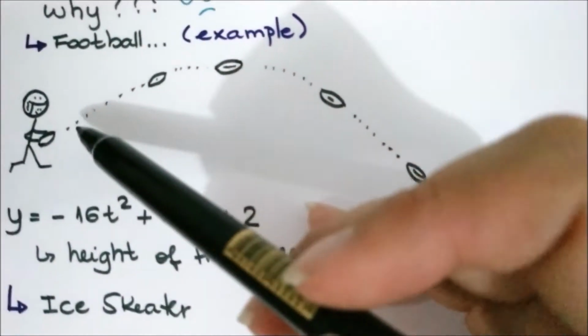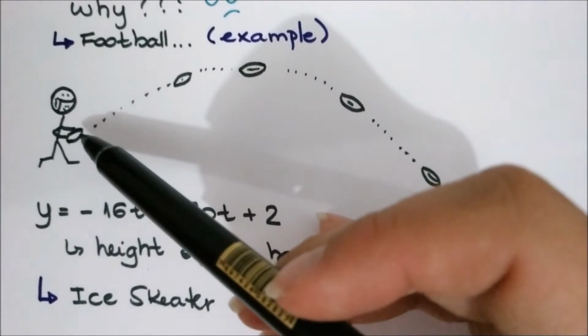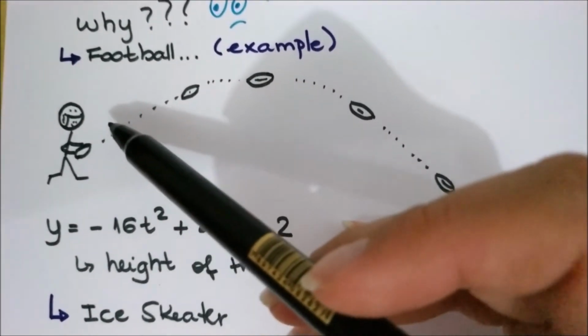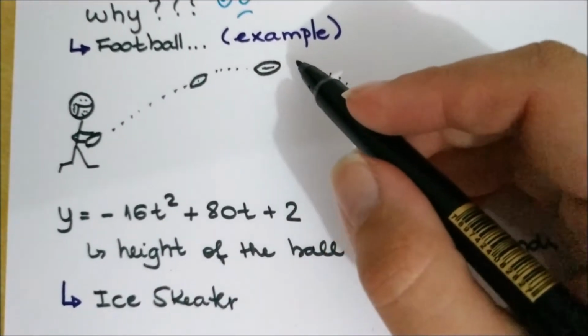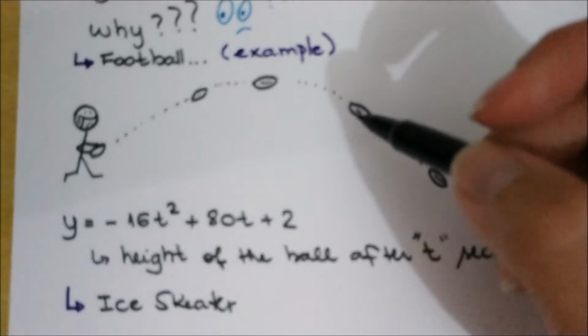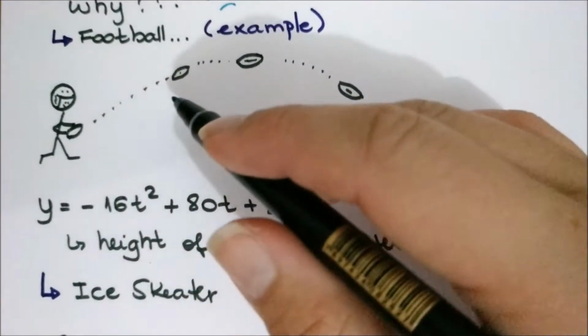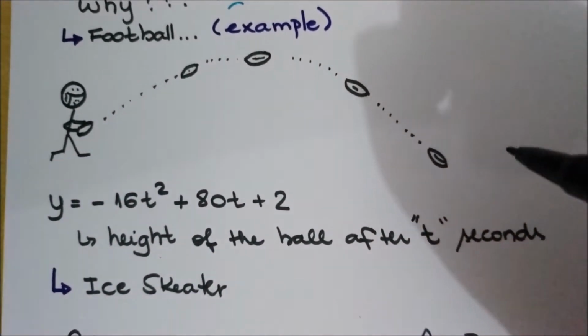We have a ball that is stopped in the boy's hand, then he throws it, and not only do the velocity and the height of this ball increase, but also the line it describes in the air is a parabola.